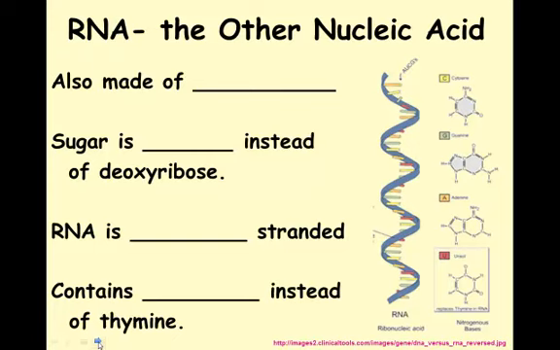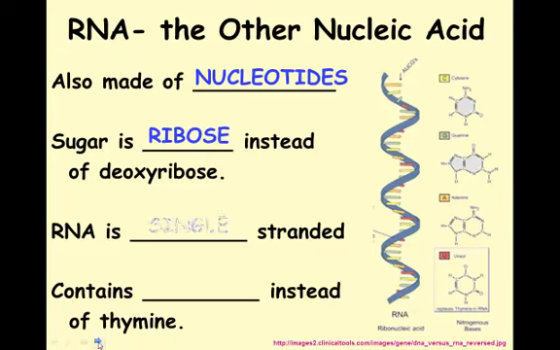If you think back to the molecule chapter, we talked about the other kind of RNA. This is also made of nucleotide subunits, phosphate, sugar, and a nitrogen base. But we're going to change the subunit a little bit in order to make RNA. Instead of deoxyribose, we're going to put in ribose for our sugar. And remember, RNA is single-stranded, not double-stranded like DNA.